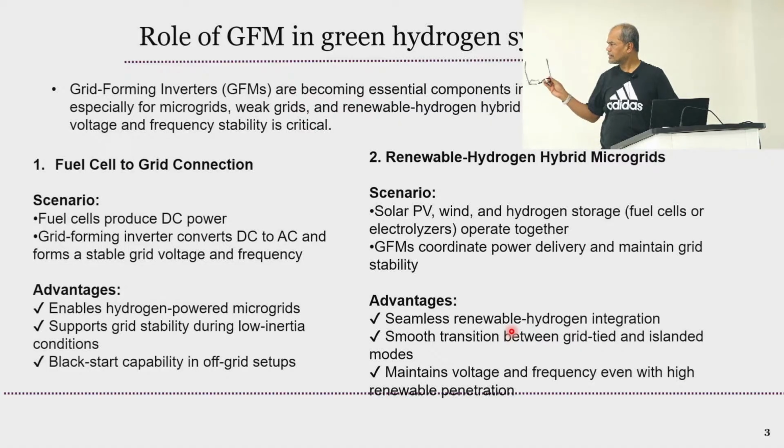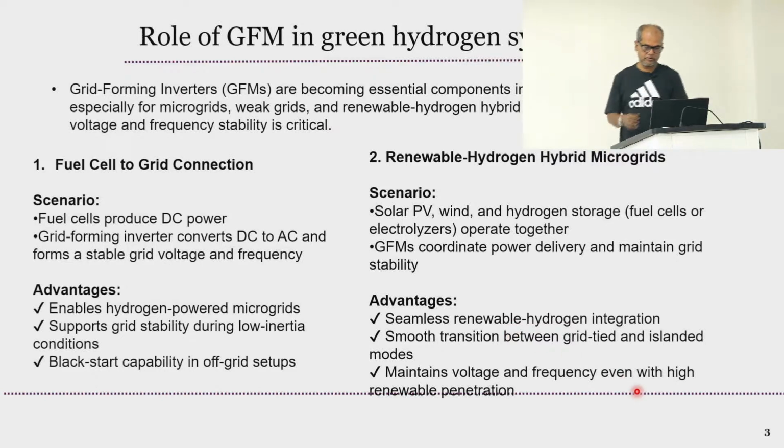At that time, you need grid forming to ensure the transition between grid following and grid forming, and it maintains voltage and frequency even in your hybrid system with mostly renewable generation.